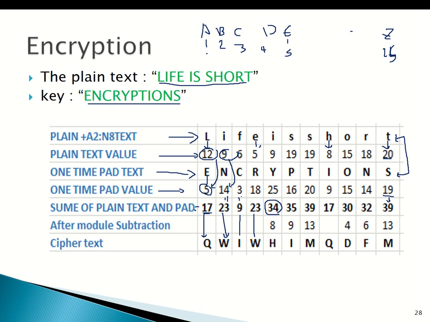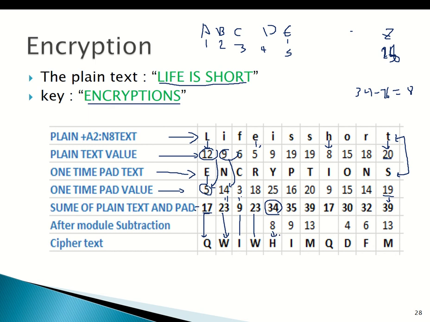You can start from 0 or from 1. I start from 1, so the last letter will be 26. Now 34 minus 26 comes to 8. So 8 is H.